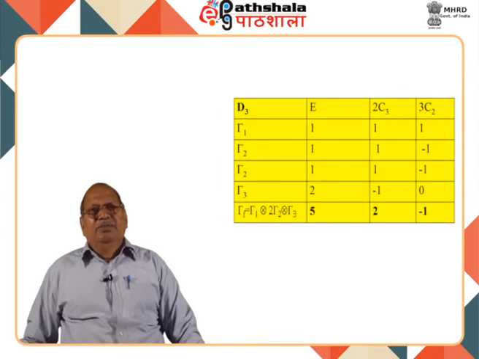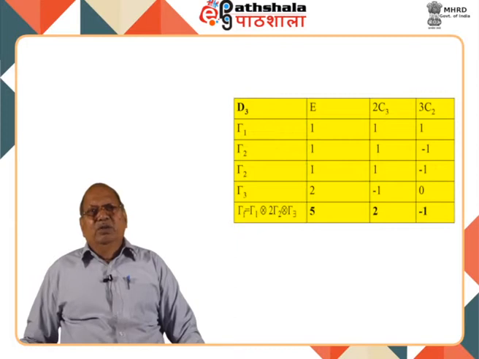This can be verified by adding the characters of these tau 1, tau 2, tau 3 in the given table below. Just see, for D3 we have written in the first column tau 1, tau 2, tau 2, tau 3, and then we have the tau F. Under E we have 1, 1, 1, 2. If I add these together it is equal to 5.